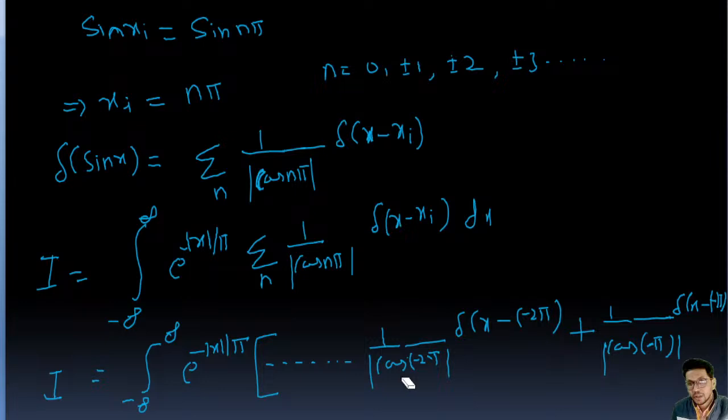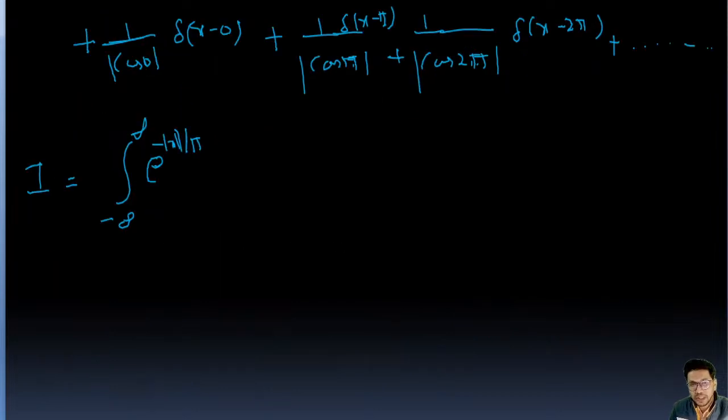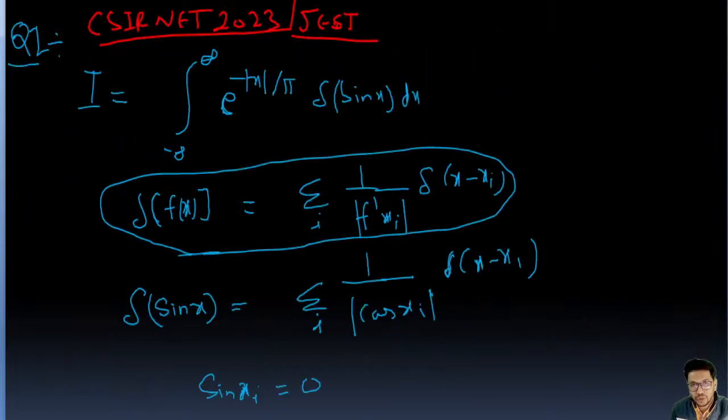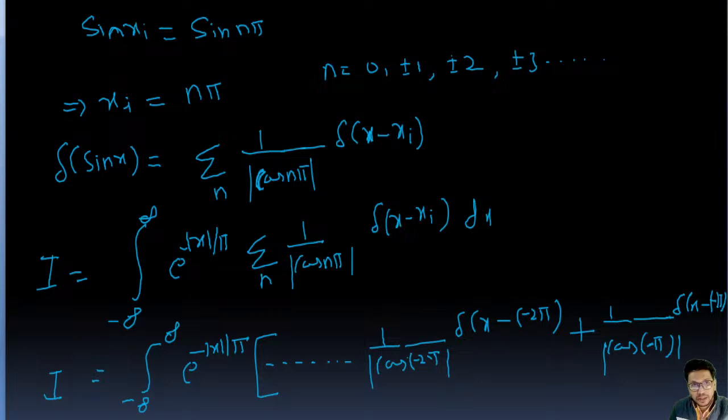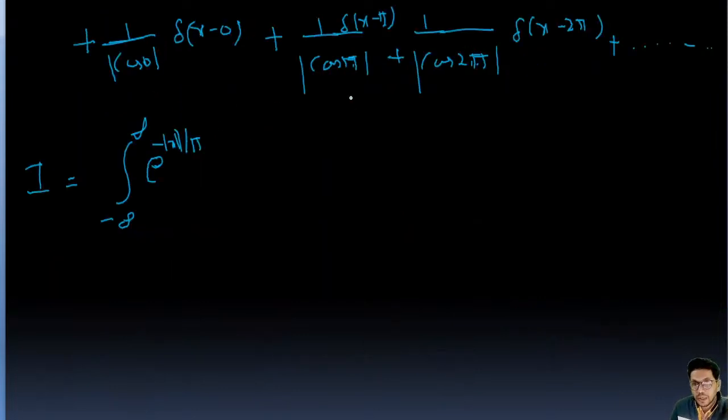The value of cos 2 pi is 1, and mod is there, so the value is going to be 1. Similarly, cos minus pi is cos pi, the value of cos pi is minus 1, but there is a mod, so the value is going to be 1. Similarly, cos 0, cos pi, cos 2 pi with mod, these values are 1. Okay, we'll put the value now.